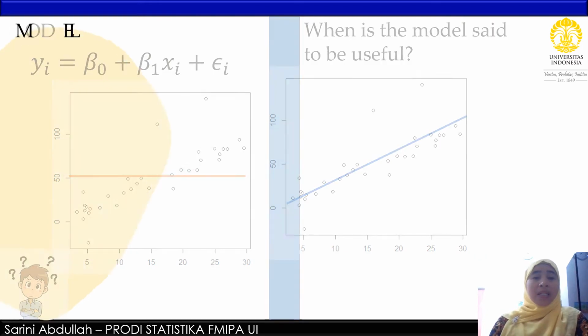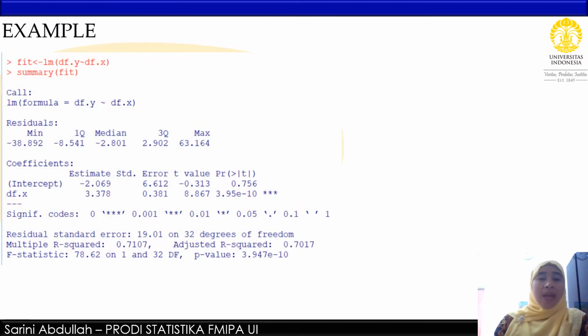So let's look at the example here. We run a simple linear regression using R package, and in here we see that the model is y tilde x. It means that our response variable is y, our predictor variable is x, and here we get the result.